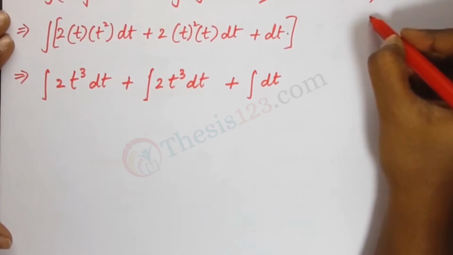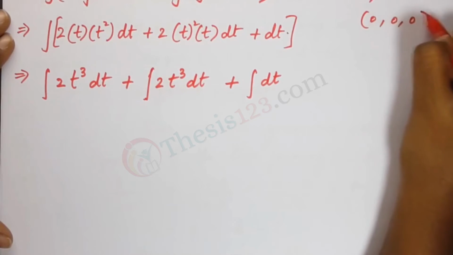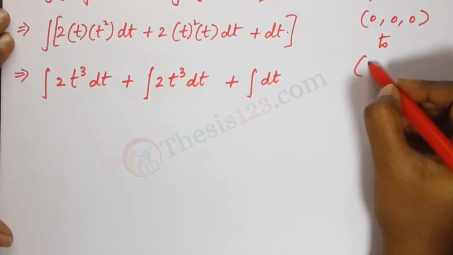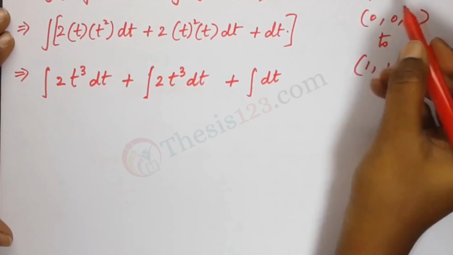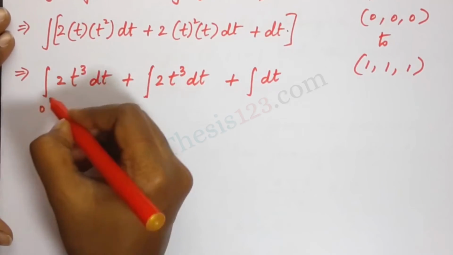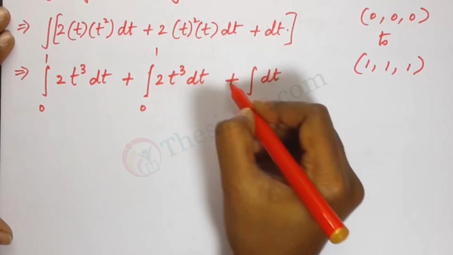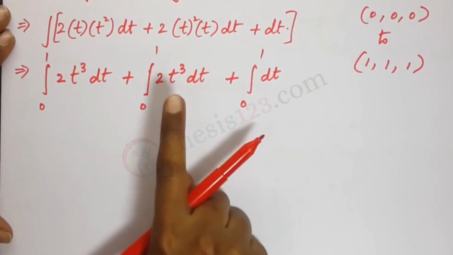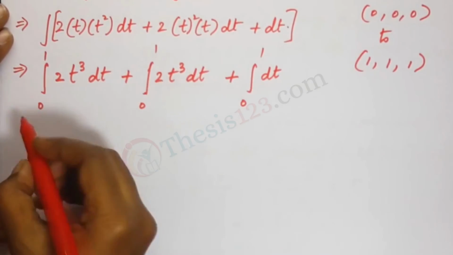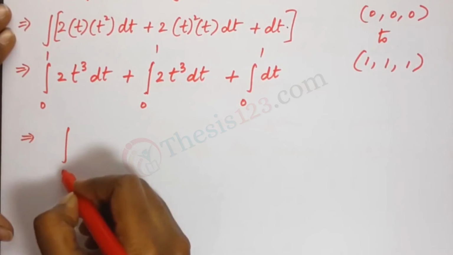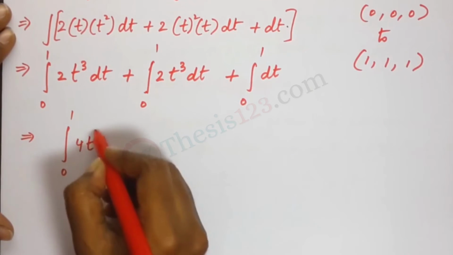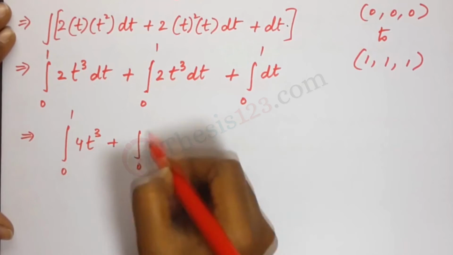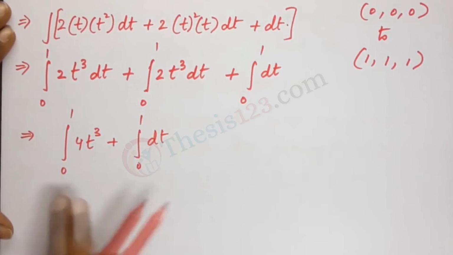Now since this is from the origin (0, 0, 0) to (1, 1, 1) in terms of just the parameter t, the integral is from 0 to 1. Now we have here 2t³, we have here 2t³, so we can just add them up: integral from 0 to 1 of 4t³ plus integral from 0 to 1 of dt.